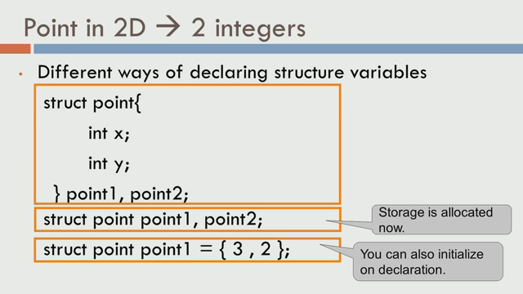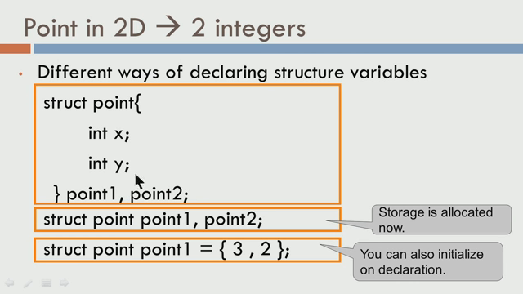A point in 2D is now two integers. There are different ways to declare structure variables. Let us look at this top part. You have struct point, int x, int y, and braces closing it, followed by point1 and point2. The way to interpret this is that point1 and point2 are two variables of the data type called struct point, and the struct point data type has two integers in it, x and y.